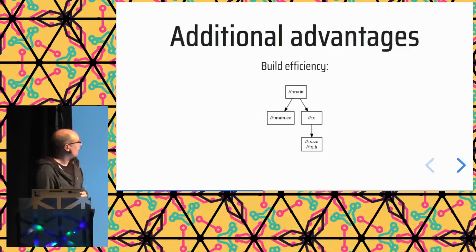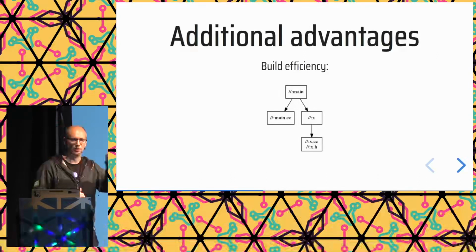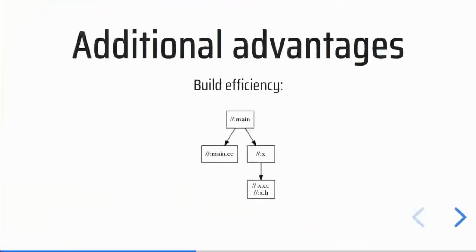Now there's also additional advantages to having your build reproducible. If you have the nice property that the same code always results in the same binary, in some cases this also makes caching much more efficient.